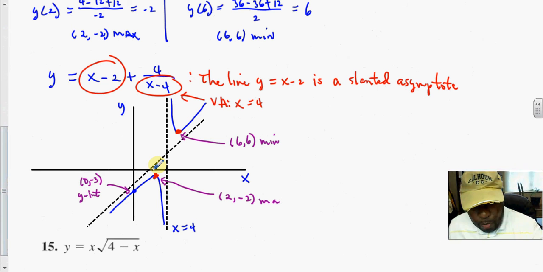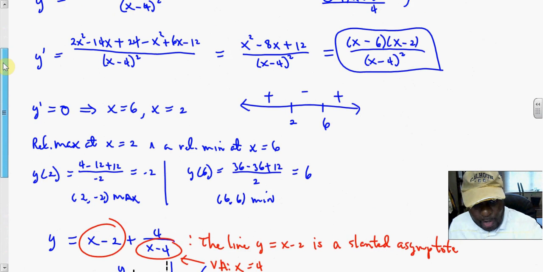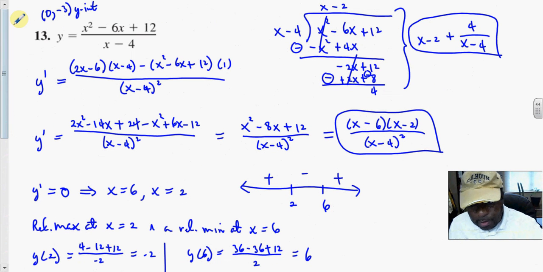Now, here's what I did to get that. I set y equal to 0 and solved for x, of which I didn't get anything that was real. We got imaginary values, so there was no x-intercept.